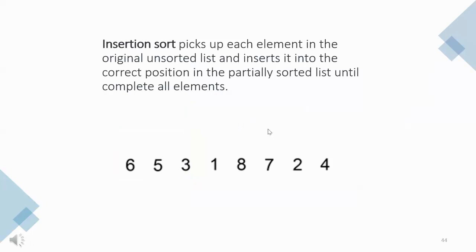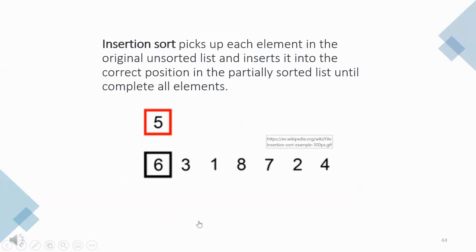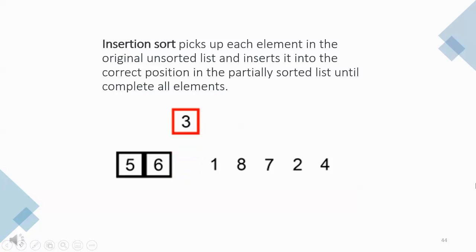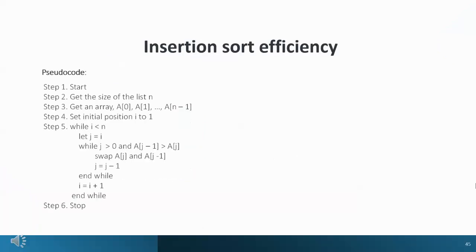Insertion sort picks up each element in the original unsorted list and inserts it into the correct position in the partially sorted list until all elements are complete. For insertion sort, we also use pseudocode to represent it. We first get the size of the list and then the values for the elements in the array, and set up the initial value to 1.